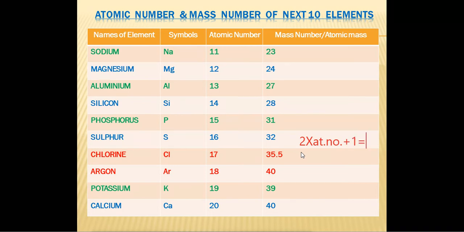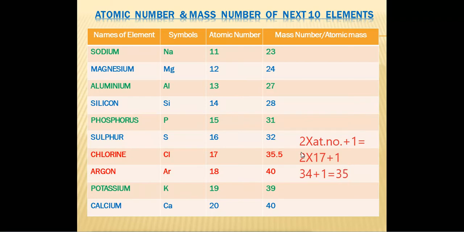How much will you get? 2 into 17 plus 1. 34 plus 1 is equal to 35.